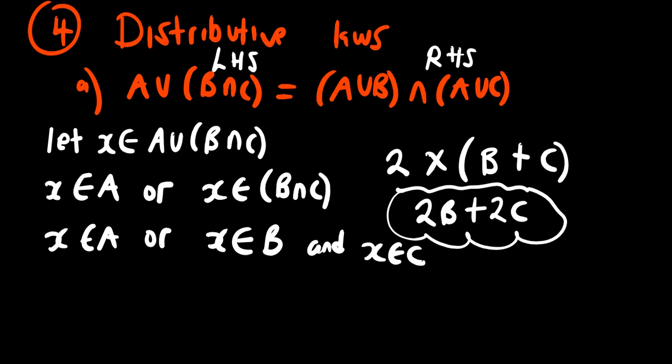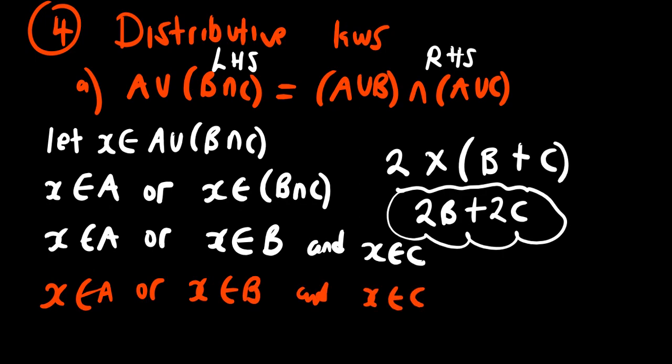X is a member of A, or X is a member of B, and X is a member of C, or X is a member of A. Then what you're just going to do now, you factorize.